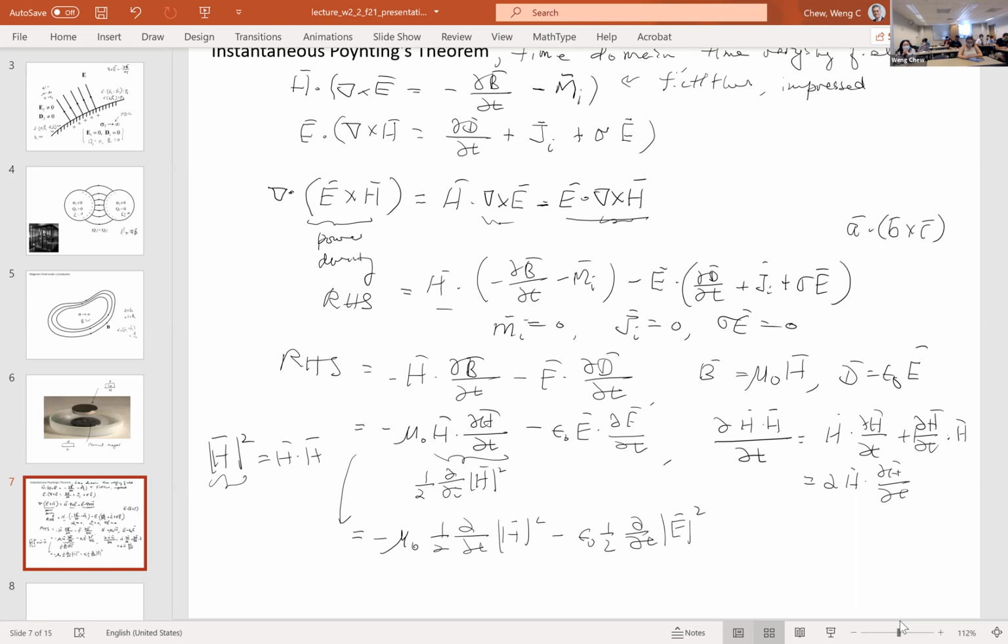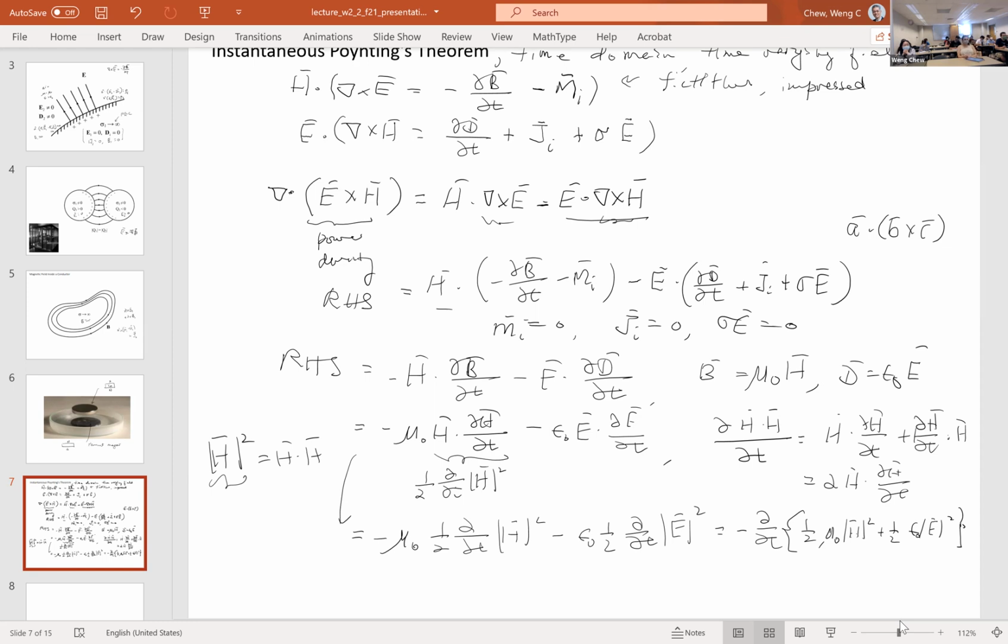And then you can write this more convincingly as minus partial t of half mu naught H squared plus half epsilon naught E squared. Can you see that? Okay, so you have divergence of this quantity.